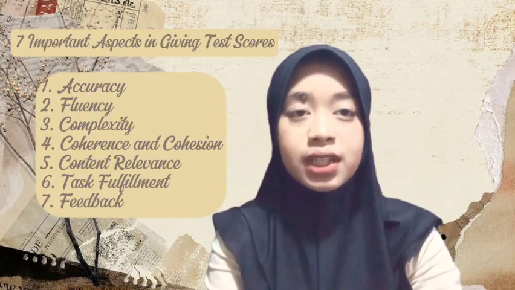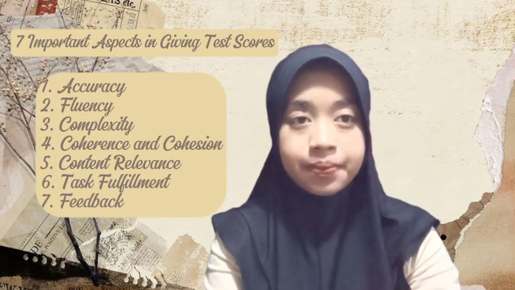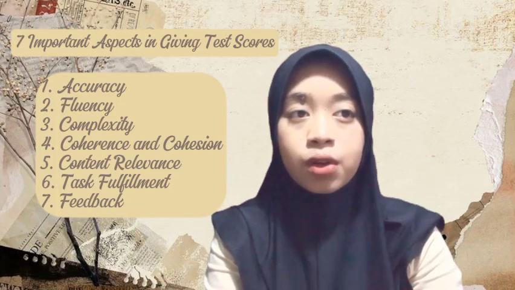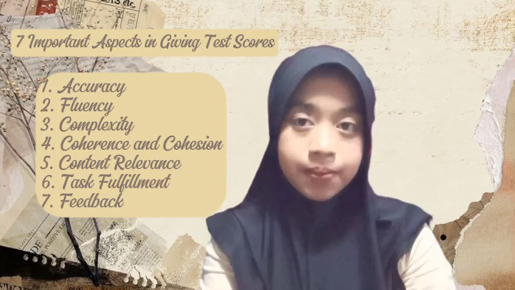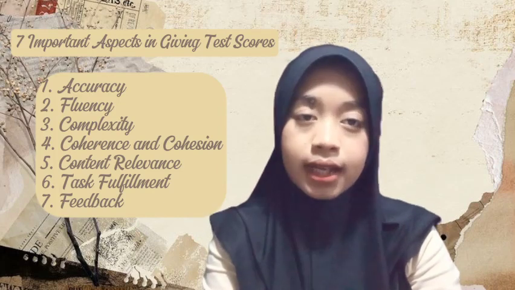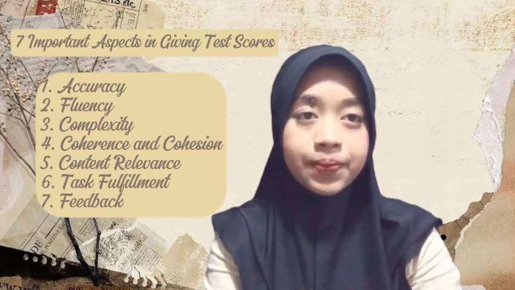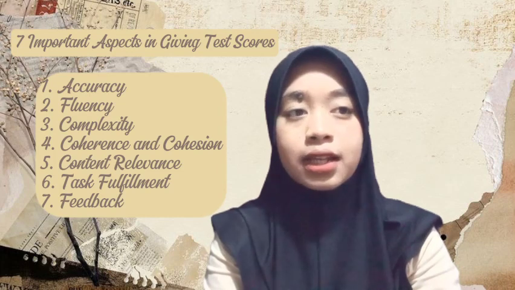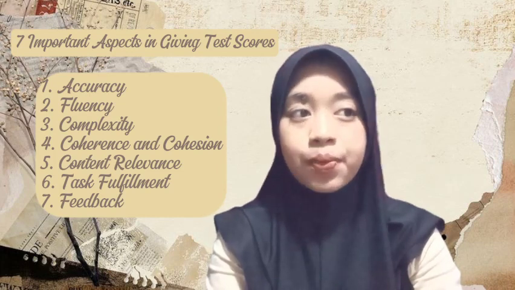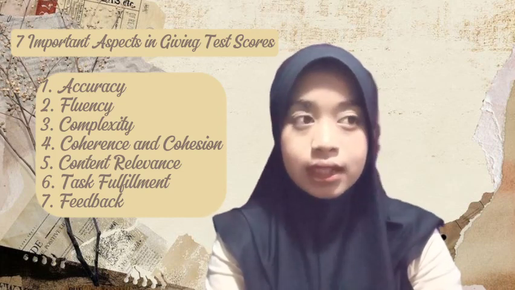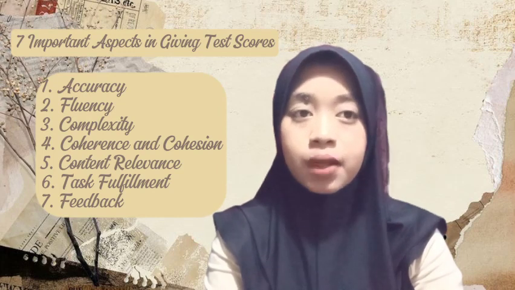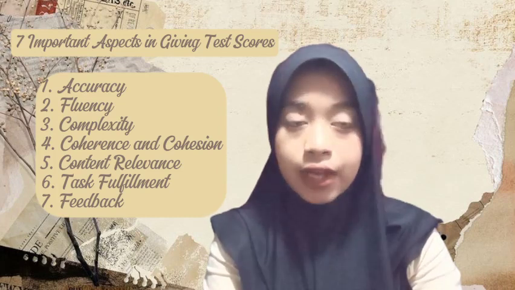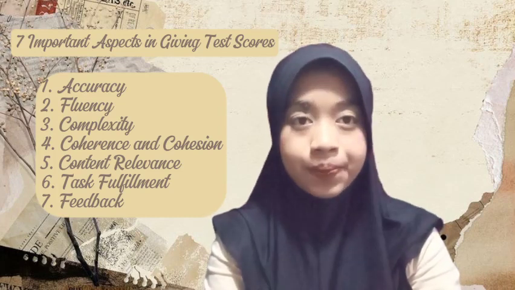The first one is accuracy. This measures how correct the answers are. Second is fluency. Fluency assesses how smoothly and naturally the language is spoken or written. It's not just about being correct, but also how effortlessly the language is used.